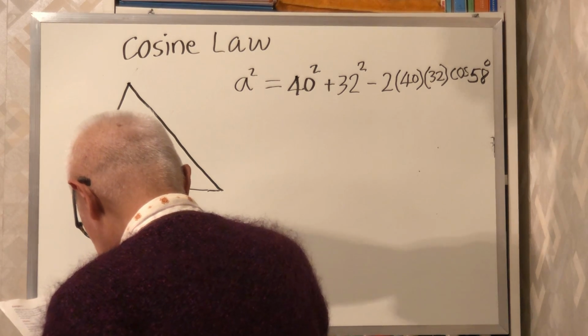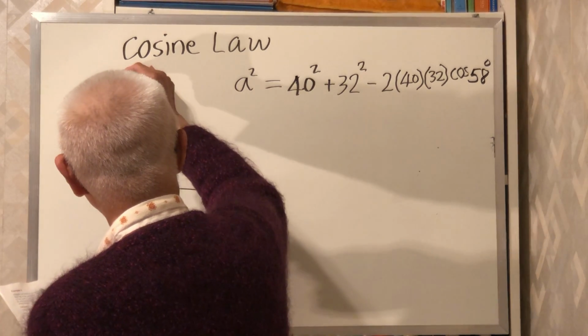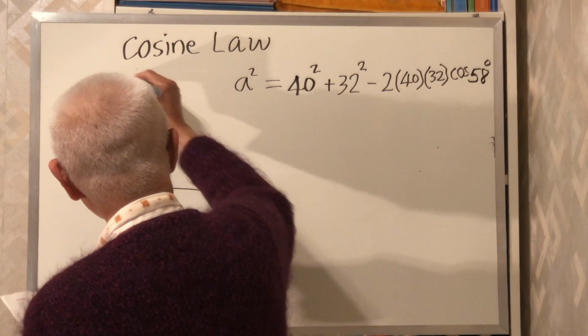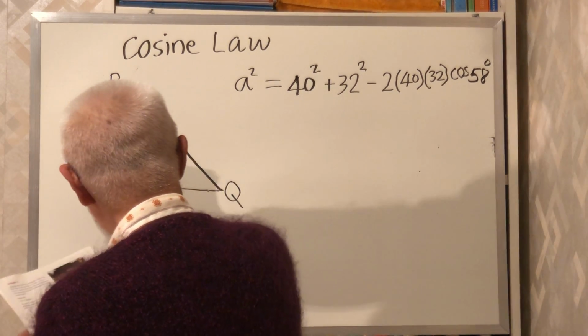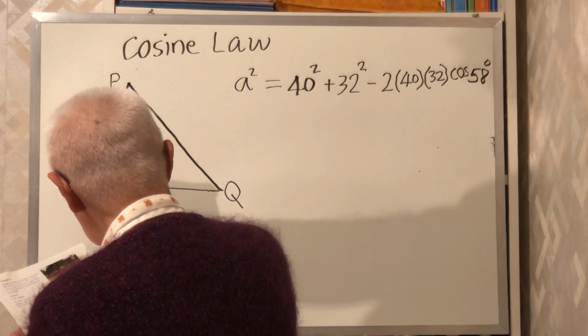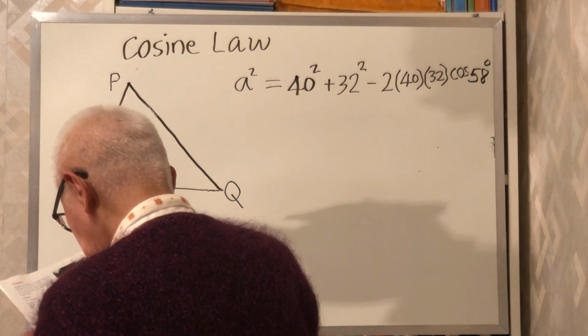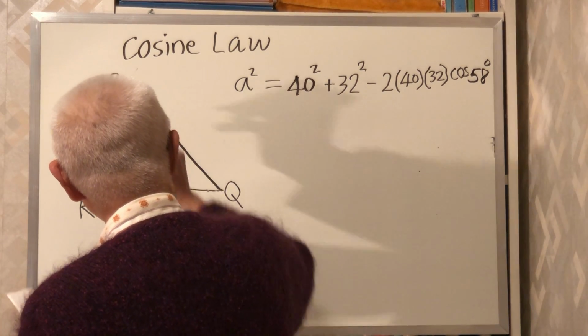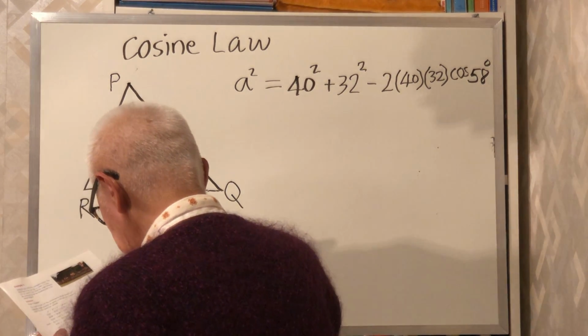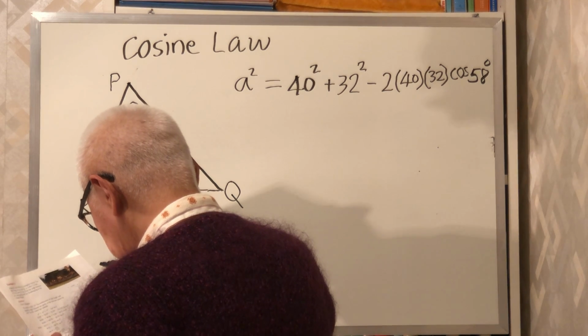I have triangle PQR, and I want to find the angle P. I have all the sides given.